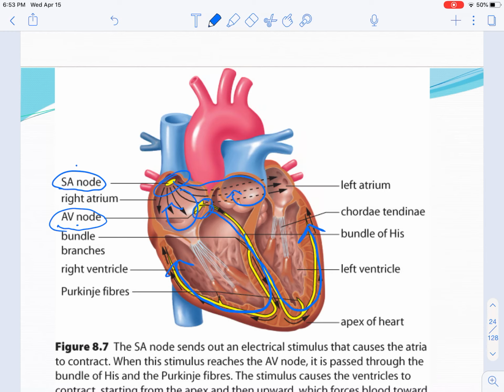And these yellow lines on the heart are signifying the nerve bundle of neurons that are conducting the impulse.